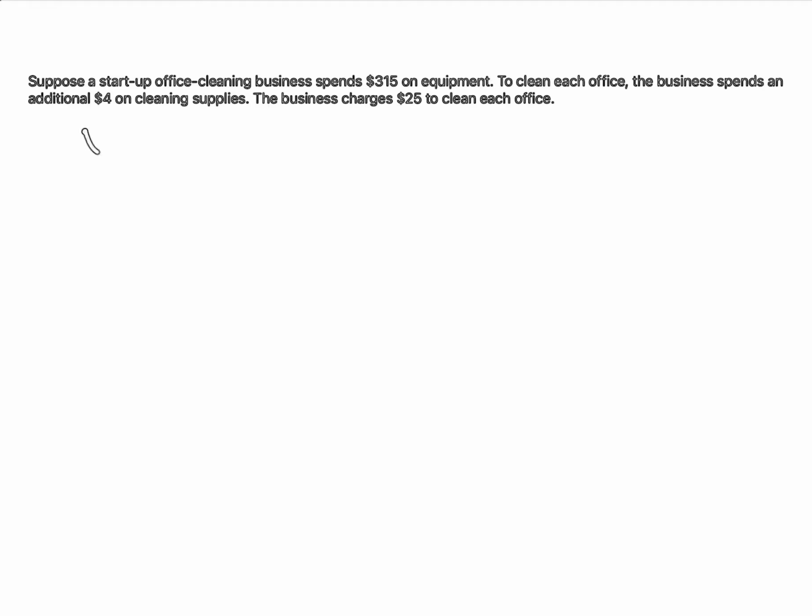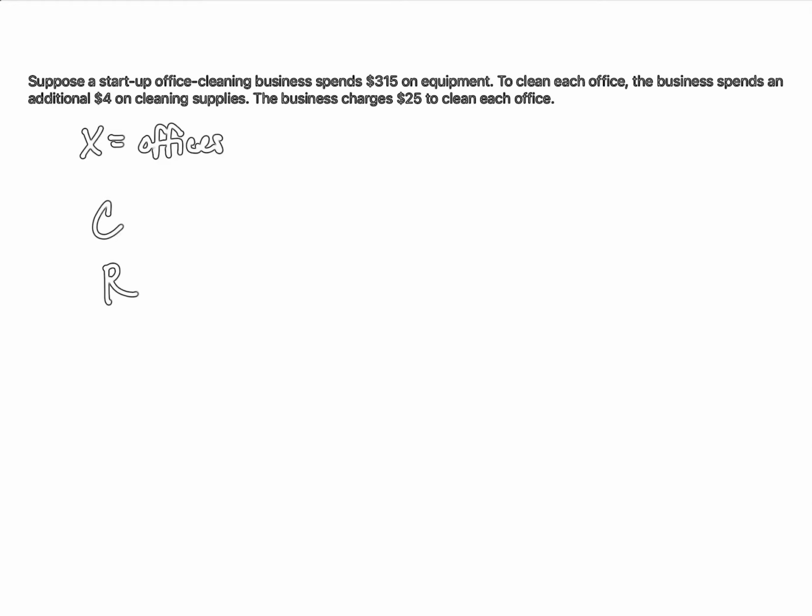So let's let X equal the offices, right? That's the number of offices we're going to clean. Then we want to find a cost equation and a revenue equation, and then we want to know when we will break even.